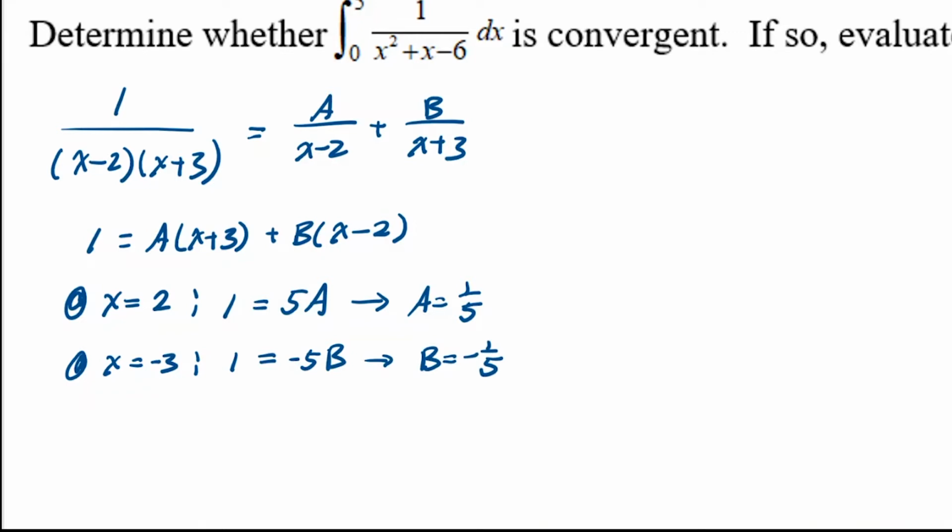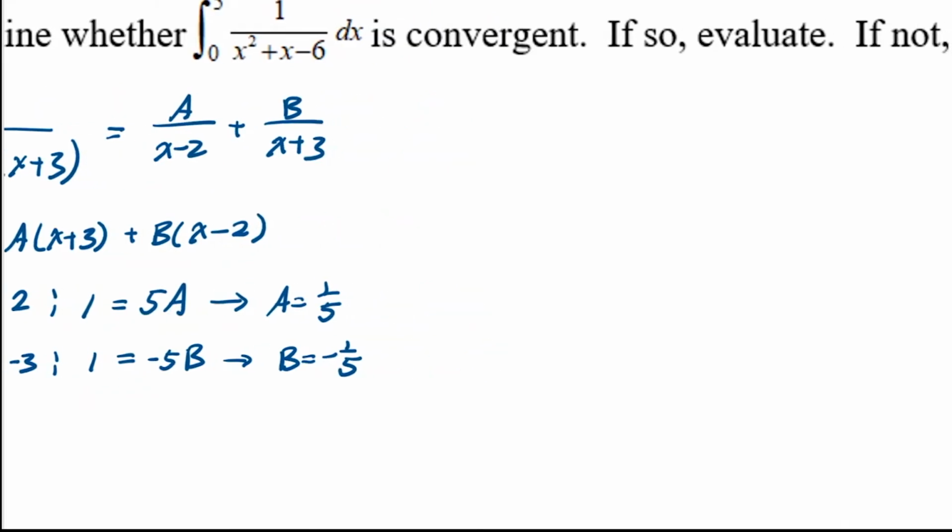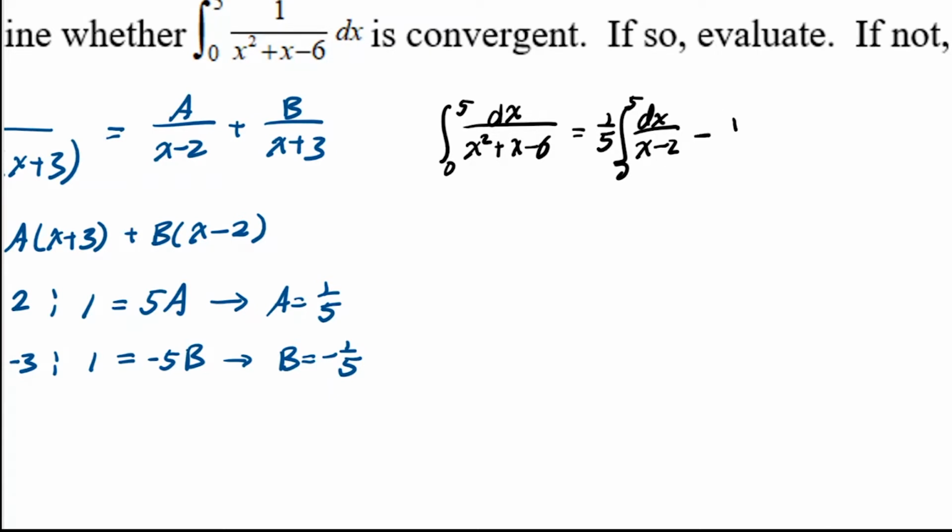Okay, then this integral right there, now try to catch my mistake. So my integral here from 0 to 5, 1 over x squared plus x minus 6 dx, will be 1/5 times the integral from 0 to 5 of dx over x minus 2, minus 1/5, because B is negative 1/5, times the integral from 0 to 5 of dx over x plus 3.